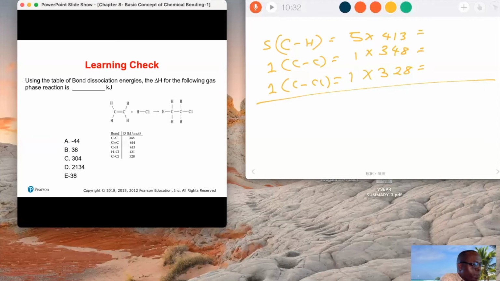How do we take it from here? What is the equation used to calculate the change in enthalpy? I think we learned this before. It is the product minus the reagent.